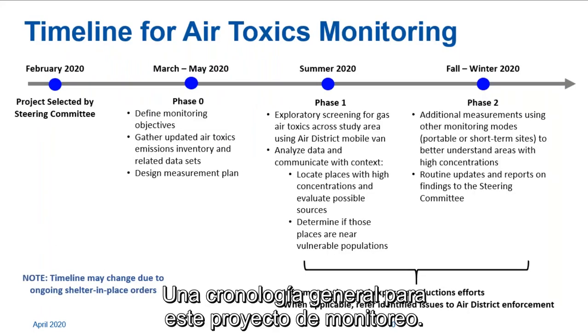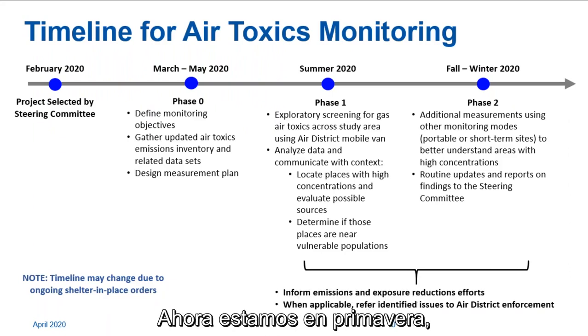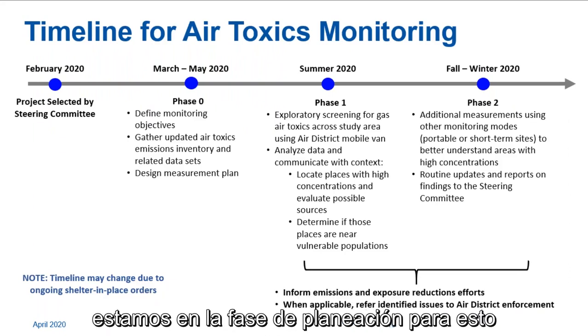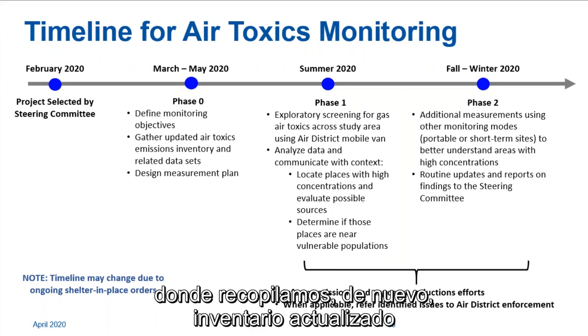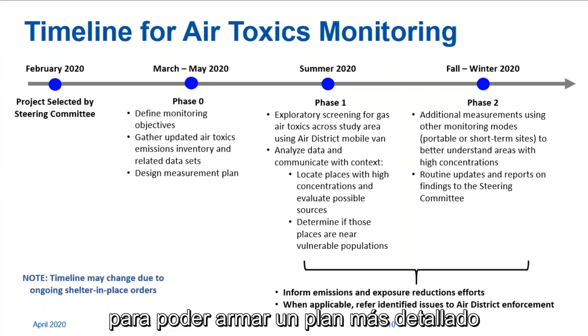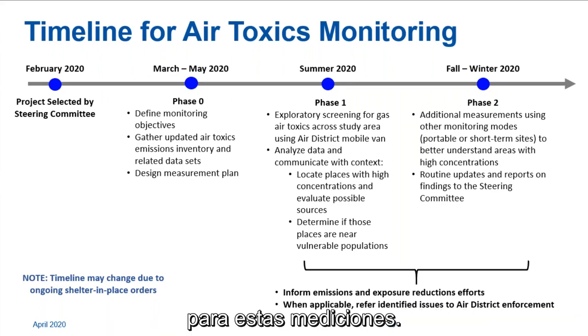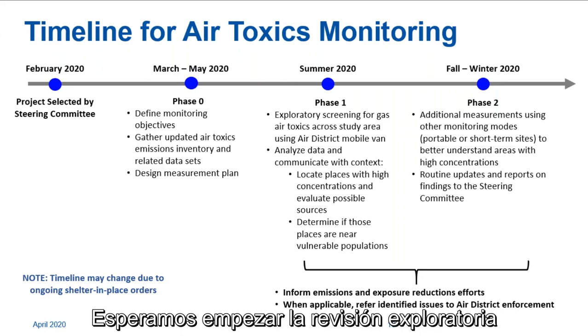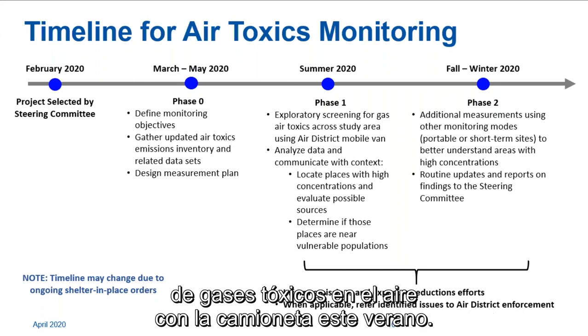So, an overall timeline for this monitoring project. Right now we're in springtime, we're in the planning phase, where we're gathering, again, updated emissions inventory and other related data sets to help put together a more detailed plan for these measurements. We hope to begin exploratory screening for gas air toxics using the van this summer.